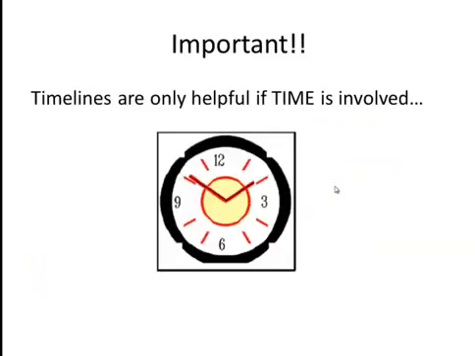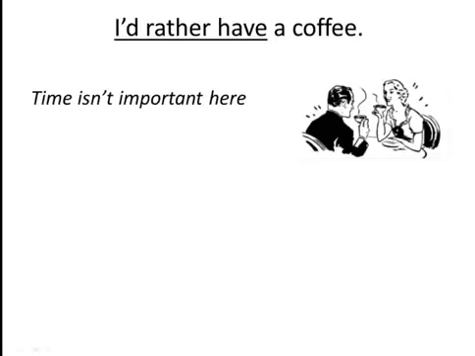Be careful. Once people discover timelines, they often kind of apply them willy-nilly, to everything. They're only helpful if time is involved, and there are lots of times when time isn't the most important part of the meaning. So let's have a look at this one, for example. Clearly here there is a time involved, but it's not the most important part of the meaning of this structure.